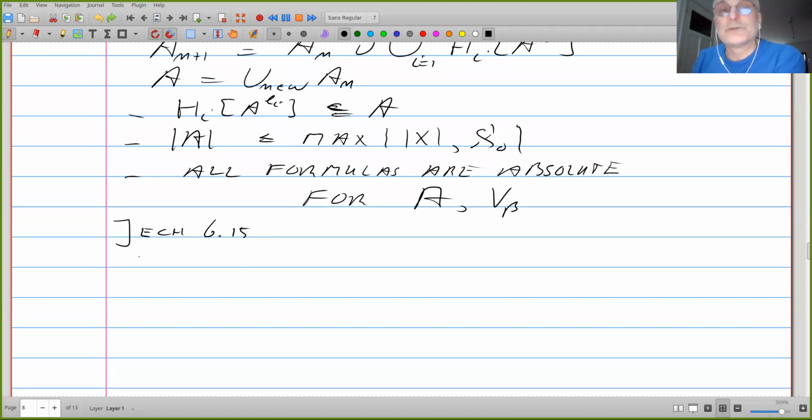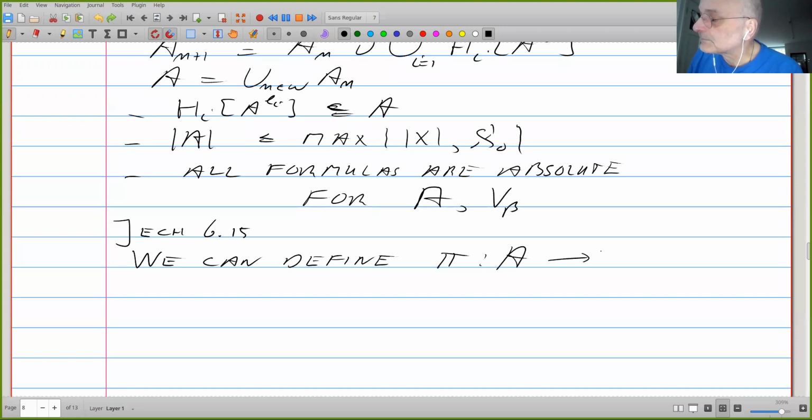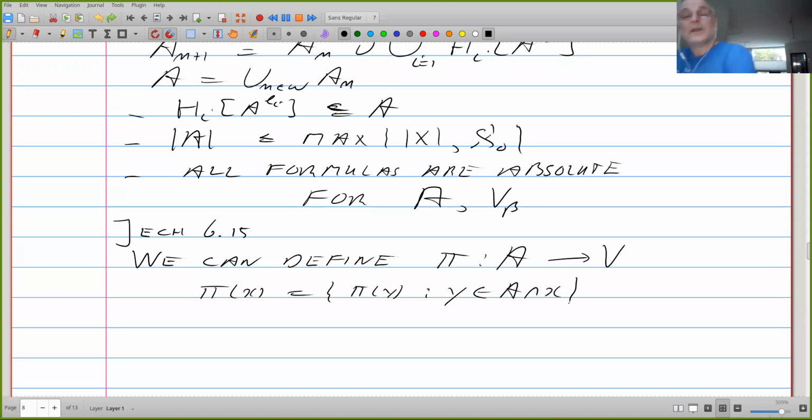So the element of relation is well founded on A, and we can define a function from A to V by a recursion like so.